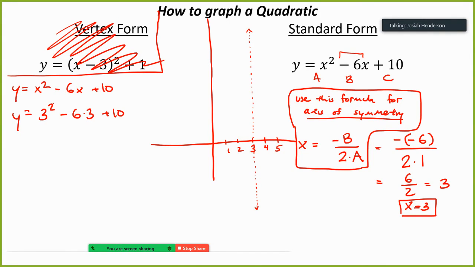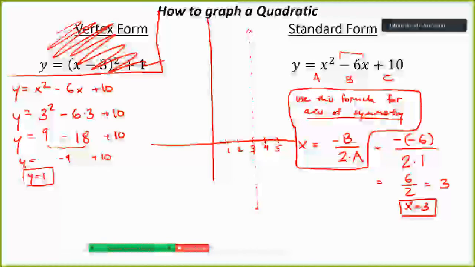So 3 squared, 3 times 3, 9. Minus 6 times 3. So 6 times 3 is 18. And then we've got our plus 10 at the end. 9 minus 18 is negative 9. Negative 9 plus 10 is positive 1.